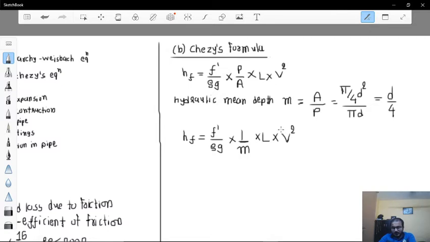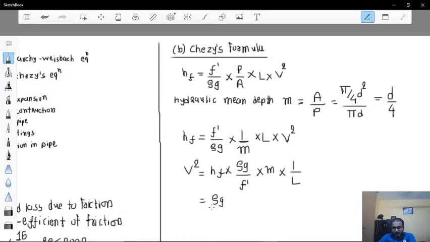So here we can get the value of V square is equal to hf multiplied by rho g upon f prime multiplied by m multiplied by 1 over L. So we can rearrange the terms.